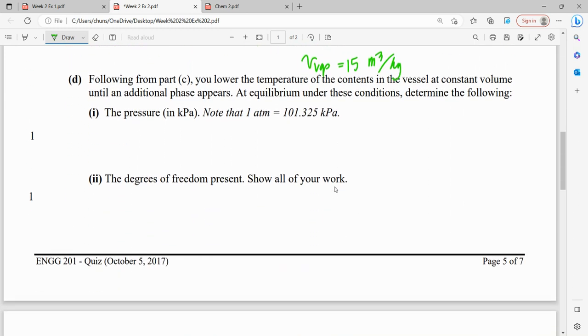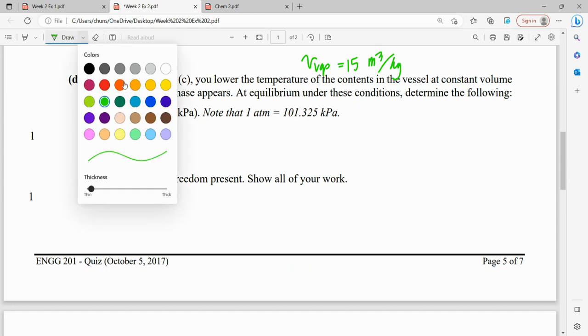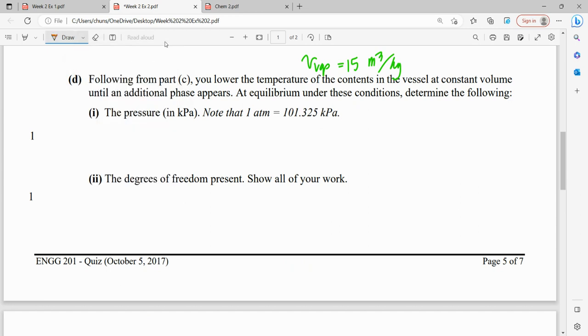Following part C, you lower the temperature of the contents in the vessel at a constant volume until an additional phase appears. Under these conditions, determine the following.